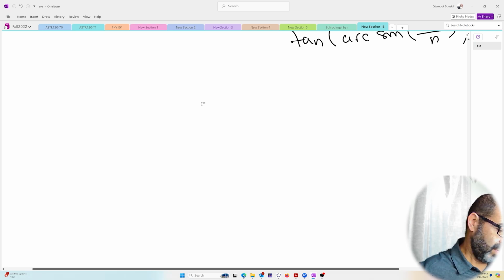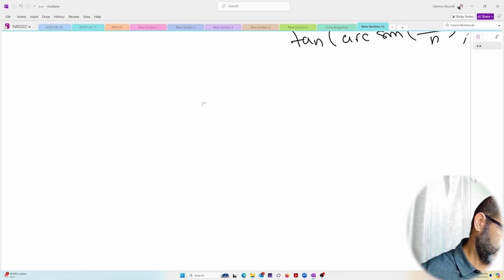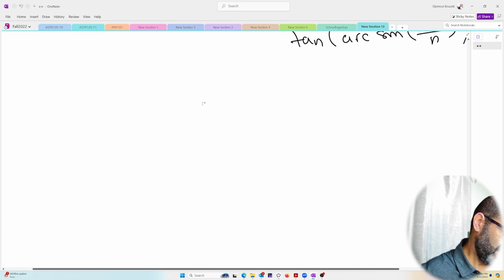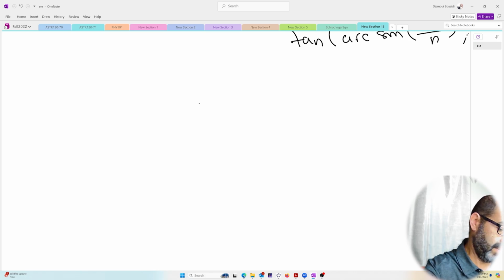Okay, problem 24. It says photons with a wavelength of 589 nanometers in air enter a plate of crown glass with index of refraction n equal to 1.52. Find A, the speed, B, the wavelength, and C, the energy of a photon in the glass. First of all, the speed.